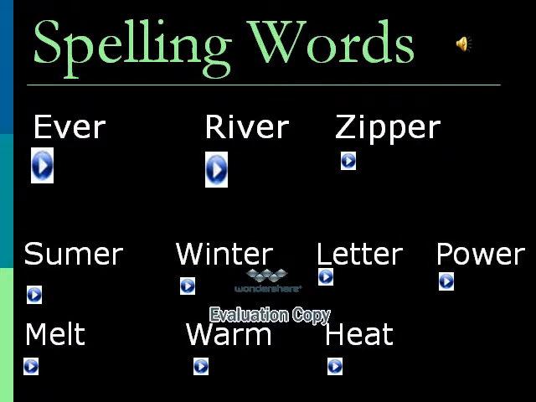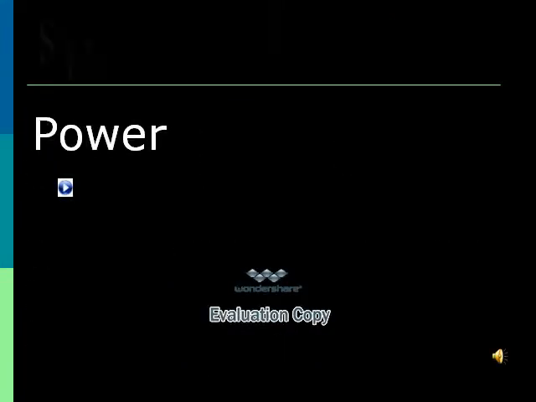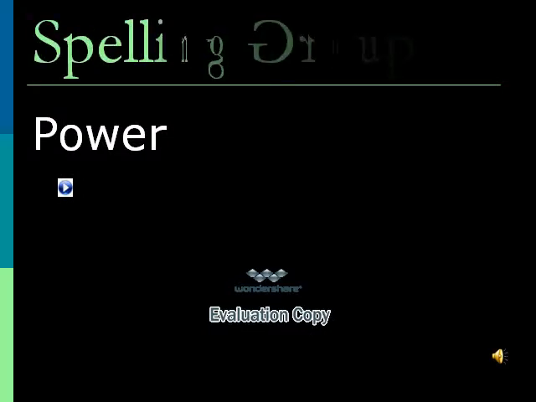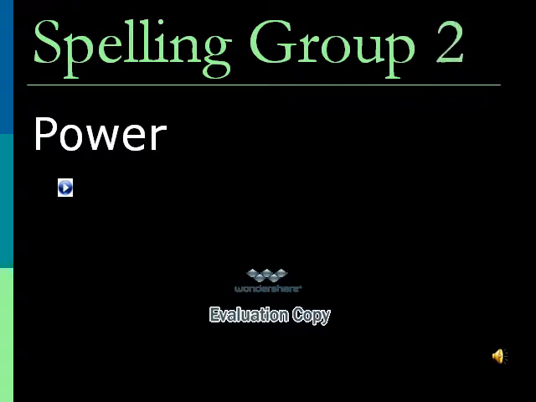Click the arrow so that you can find the groups. Click under the arrow to hear each word.